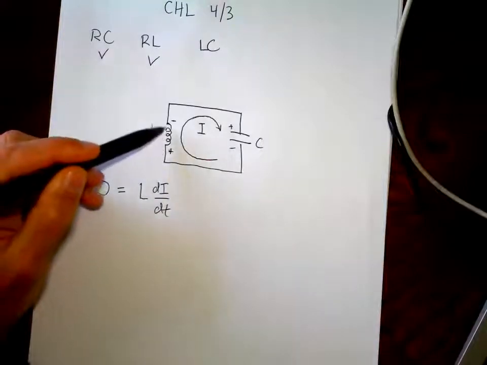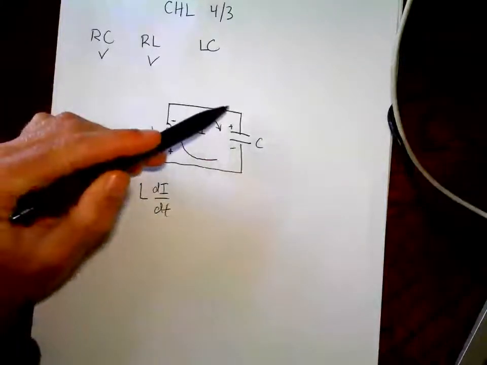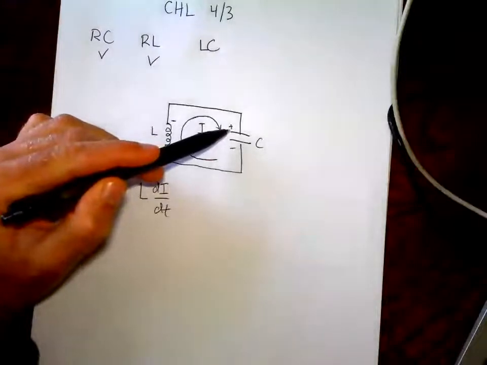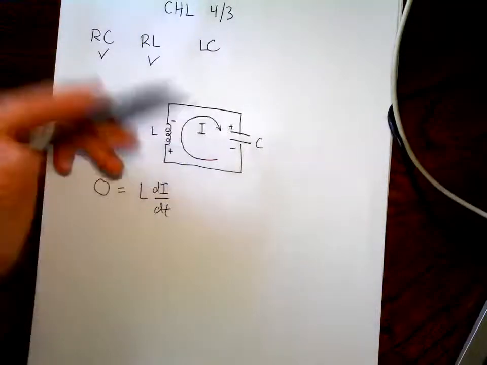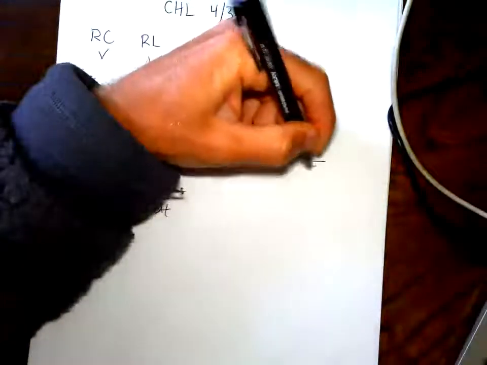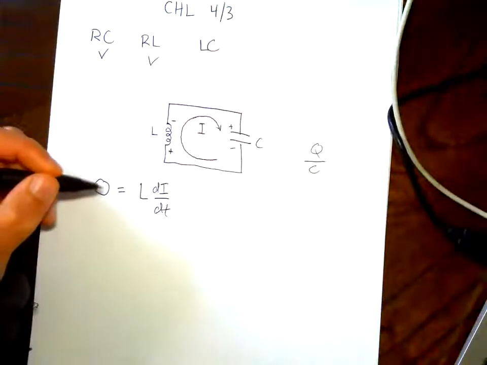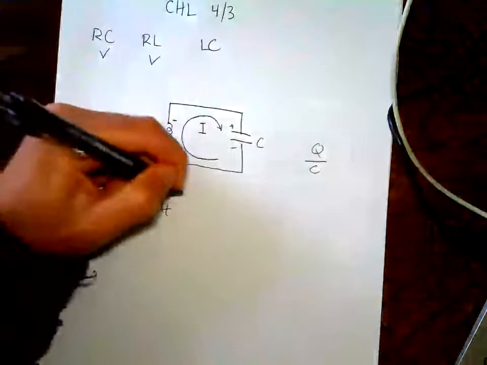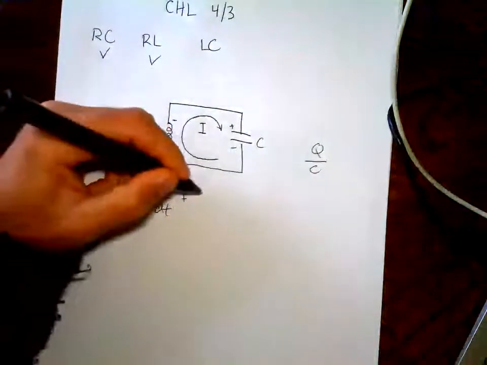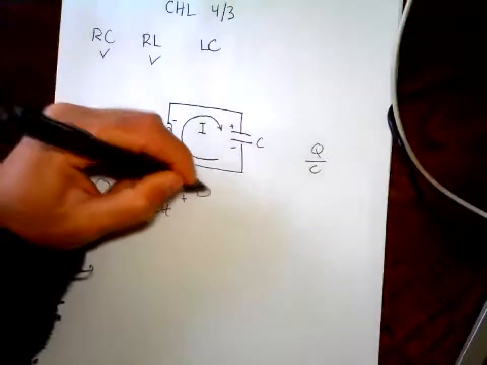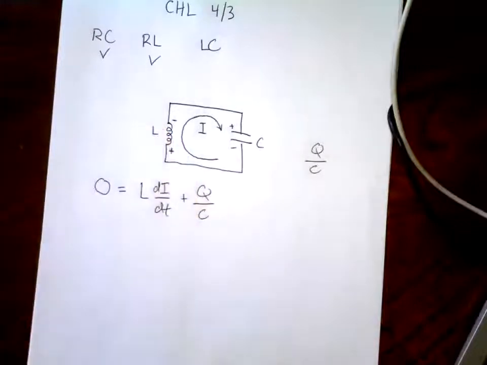Then I continue around my loop and arrive at the capacitor. The voltage across a capacitor is Q over C. If you recall, the main formula for a capacitor is Q equals CV. So this is Q over C.